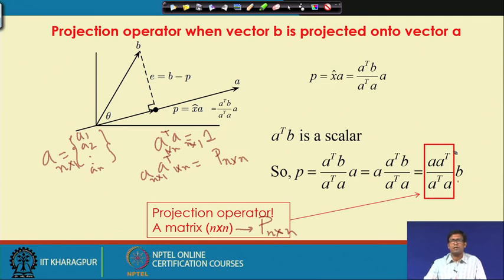As this is a matrix multiplication, the projection process should also be a linear transformation.